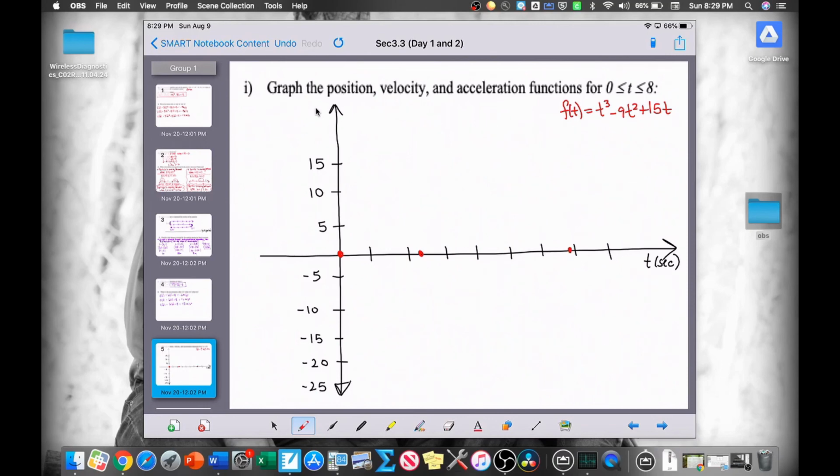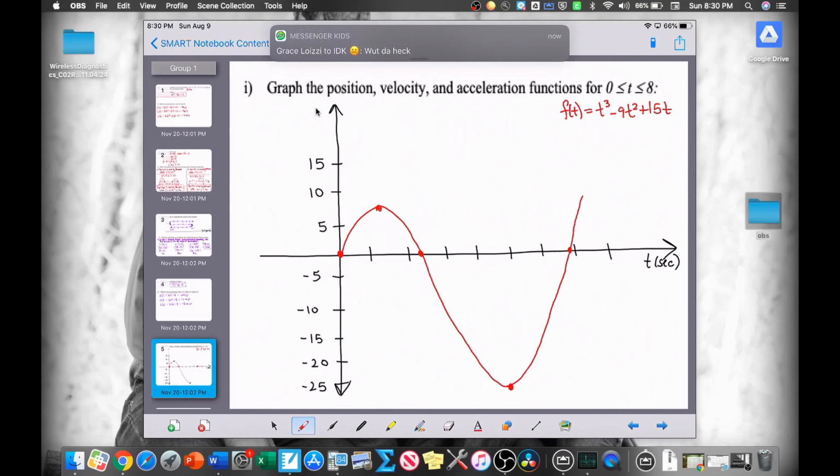It has a local max, which is kind of right here between 5 and 10, and it has a local min when t equals 5 seconds, and it's down here about negative 25. All right, so this is what our position function looks like.